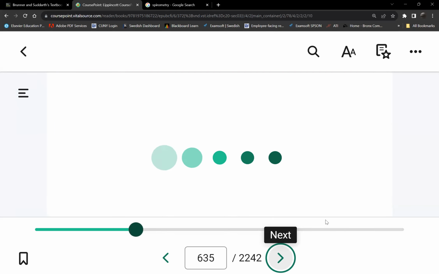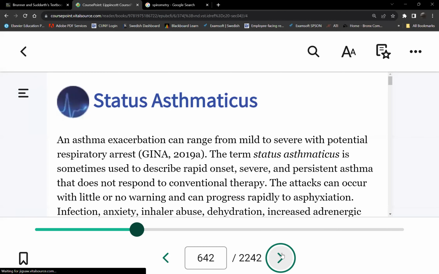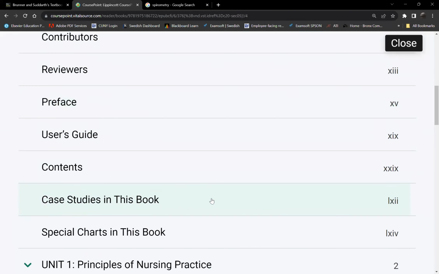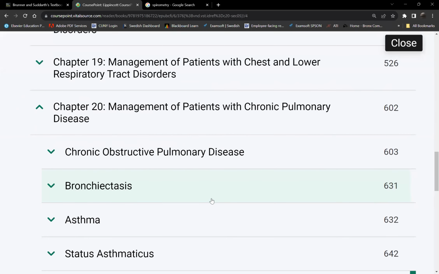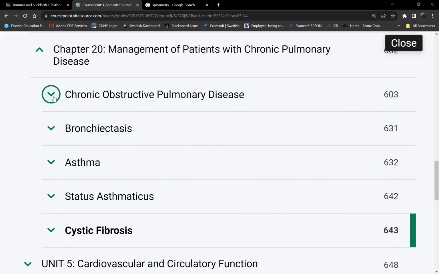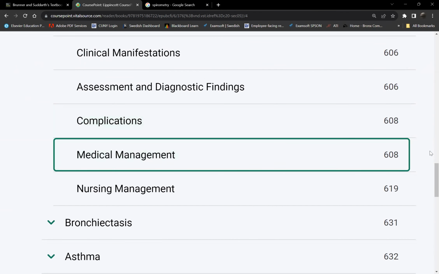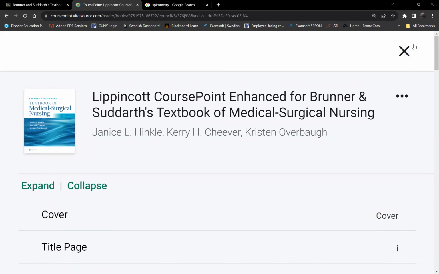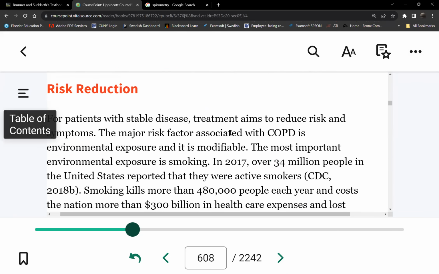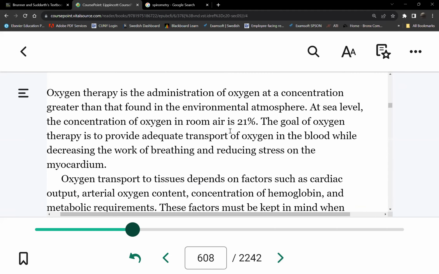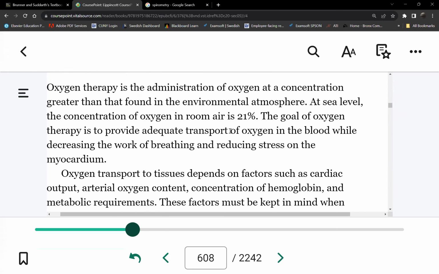Okay, let's go back to COPD. Let's talk about oxygen therapy this time. The smoking cessation, oxygen. What does it say here? What have you learned?